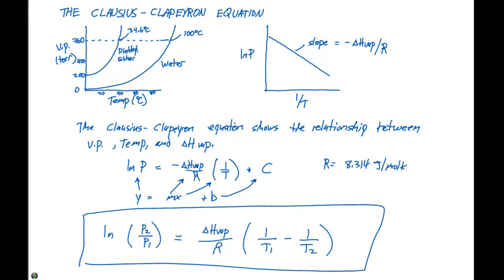Like I said, this helps us relate the vapor pressure, the temperature, and the delta H of vaporization, which are three very important aspects. You'll use this especially in the labs you're going to be performing this semester. Make sure you know this expression, because it can become very useful in solving problems.